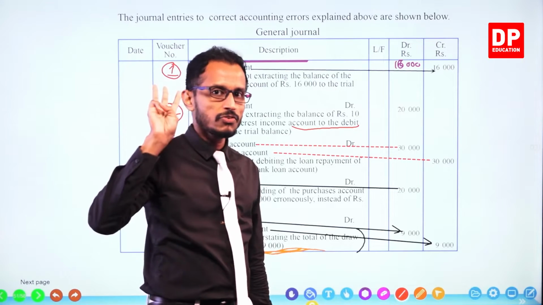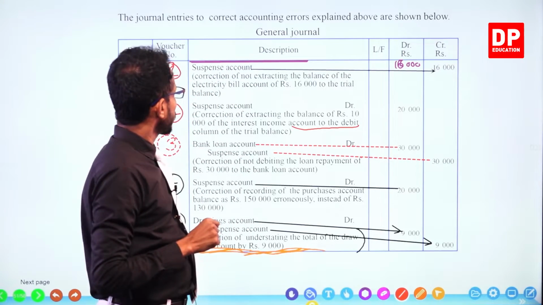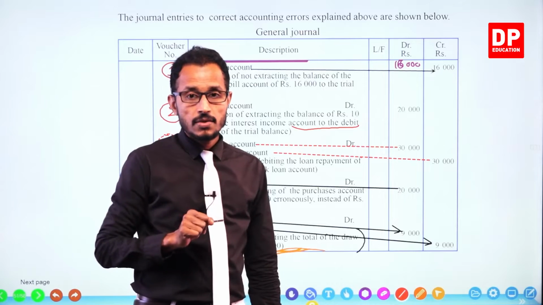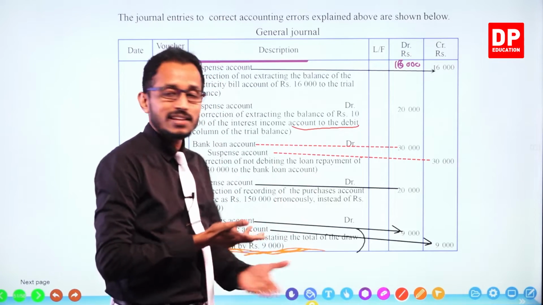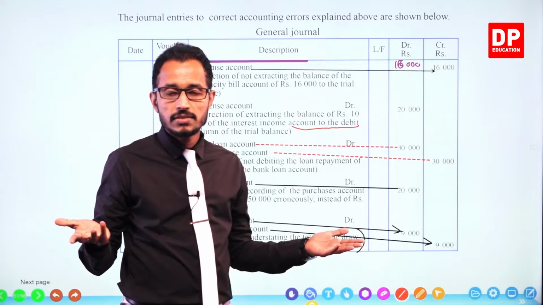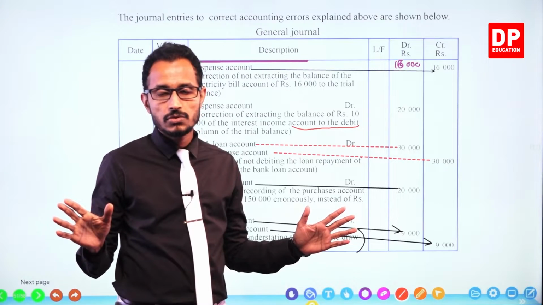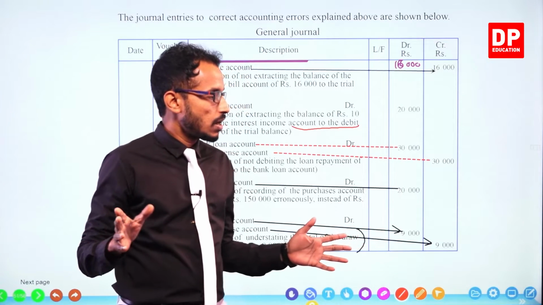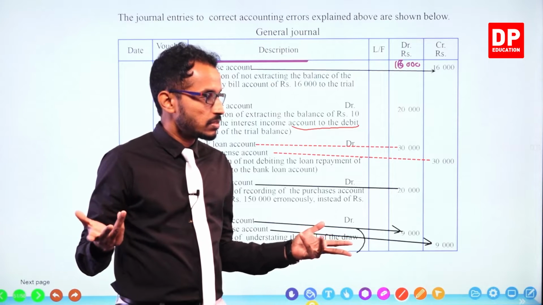That is the 3-step method to correct errors. With that and with the double entry knowledge, you can correct any error, right?